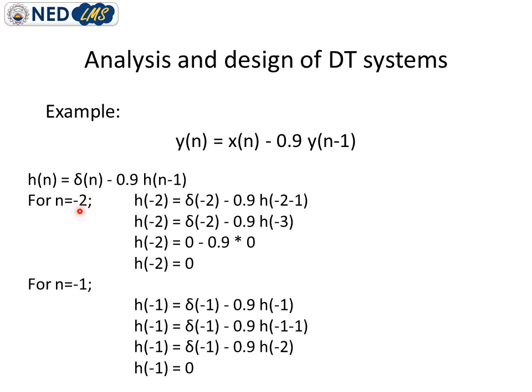So first of all, at n is equal to -2, we replace n in the entire equation by -2, and after simplifying, our equation becomes like this. We know that delta at -2 does not exist, and the impulse response at -3 obviously does not exist, so both are 0, and finally we get the impulse response at n is equal to -2 is equal to 0.